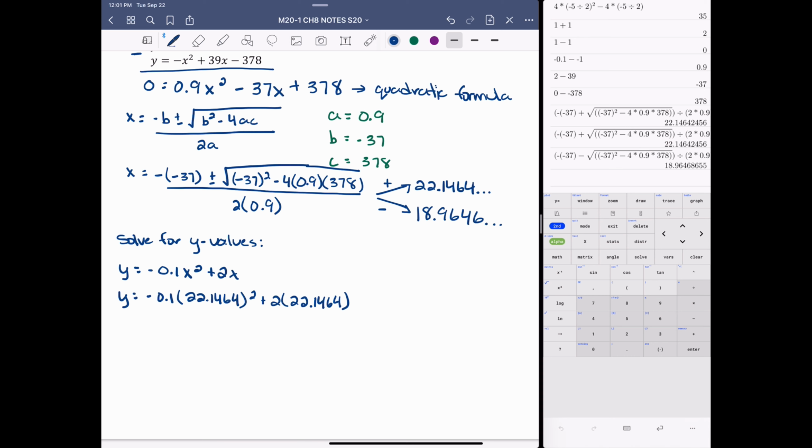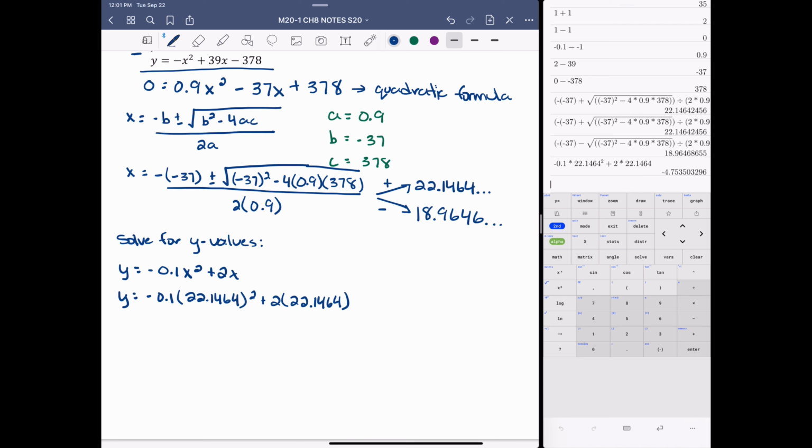In my graphing calculator, negative 0.1 times 22.1464 squared plus 2 times 22.1464. Enter, and I get negative 4.757535, etc.